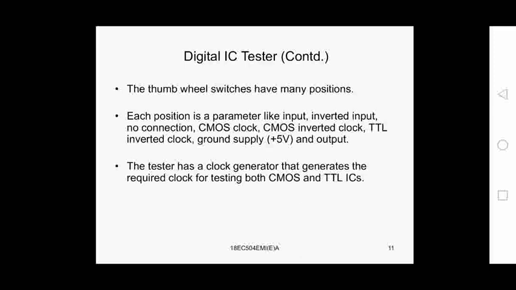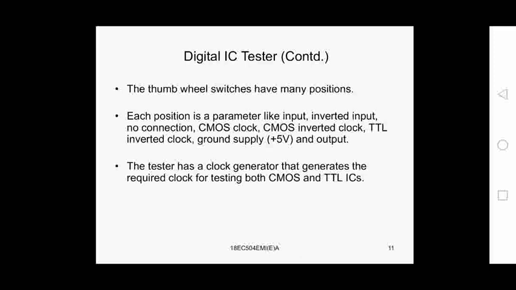Based on your requirement and the functionality of whatever IC, you will be having different pins like address pins, data pins, latches, and some no connection pins. So the thumb wheel switch positions will be having parameters like input, output, inverted input, clock, inverted clock, power supply, ground, like this.